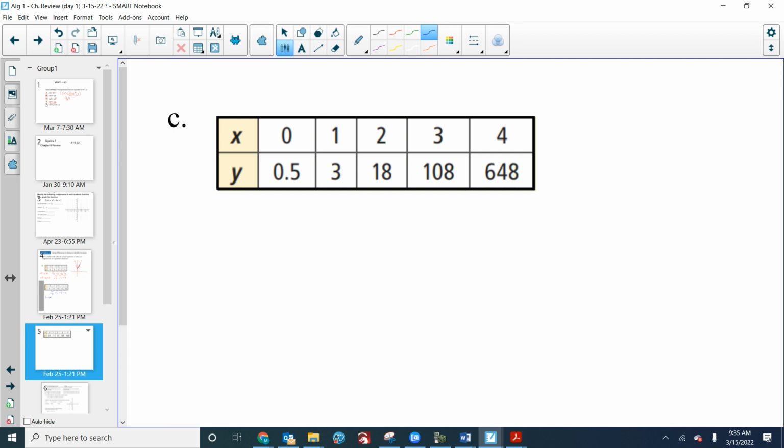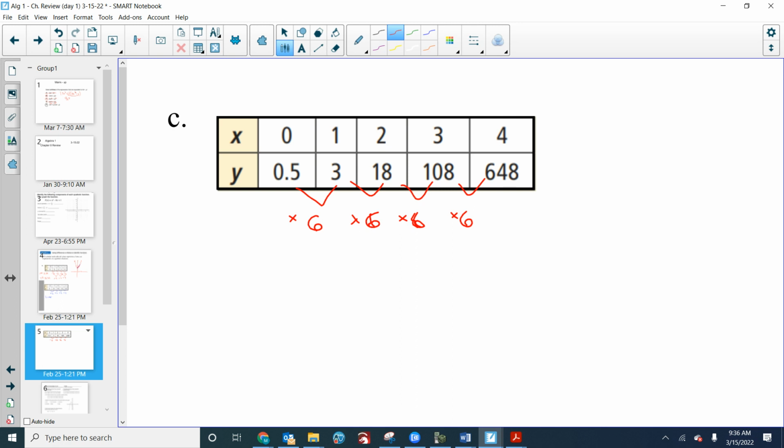But is it exponential? Well, is there a common factor that you could find between them? Times 6? Let's see. A half times 3, or a half times 6. 3. 3 times 6, 18. 18 times 6, 108. 108 times 6.